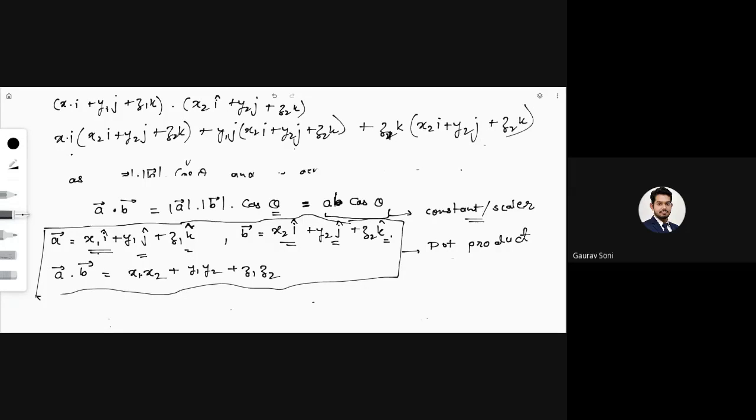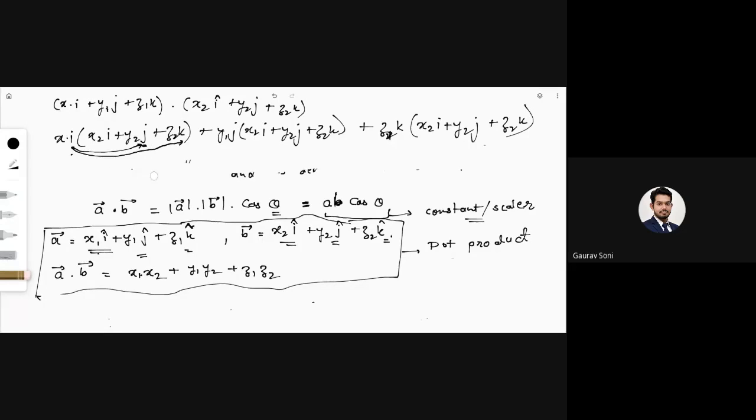Now multiply this i to all three of them. So i into j will become 0 when this is multiplied to this. When this i is multiplied to this k, the answer will turn out to be 0.